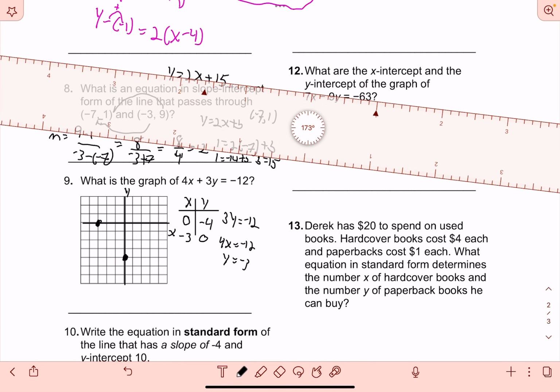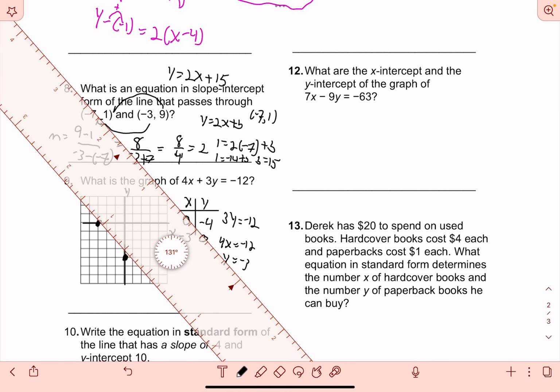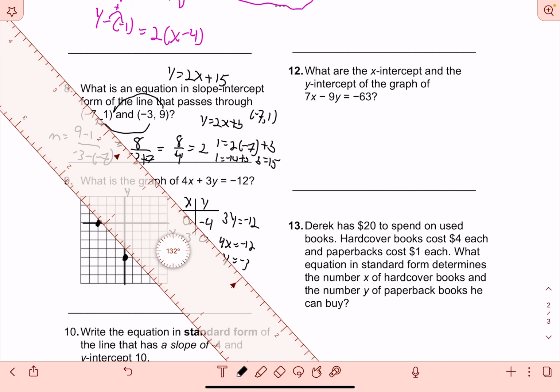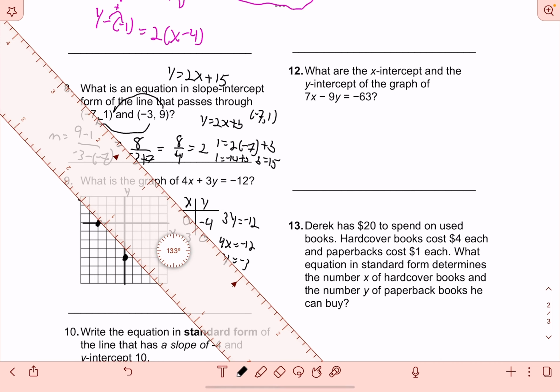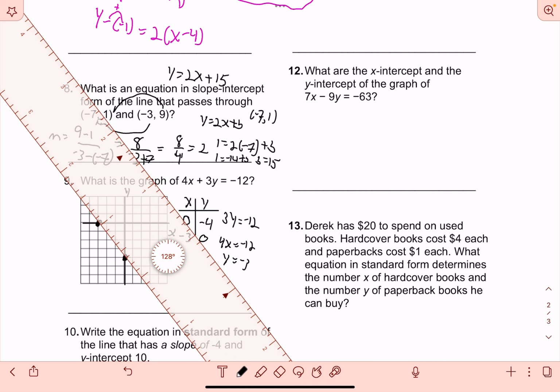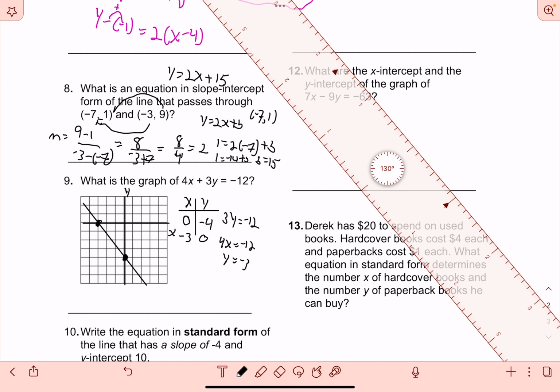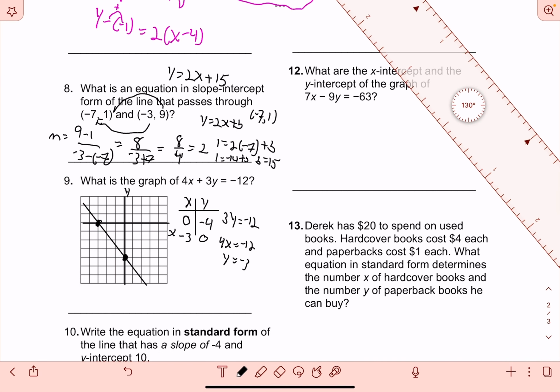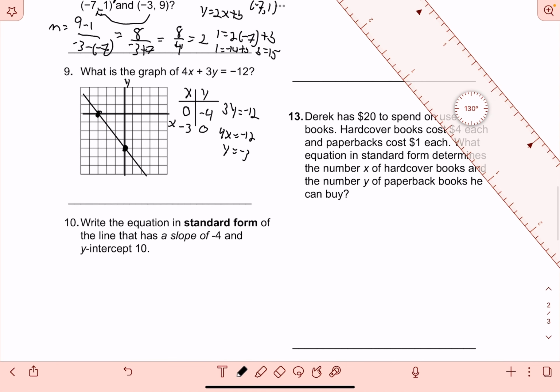Then I would use my straight edge, which is right there. Be nice if I could connect them. And you get that line.